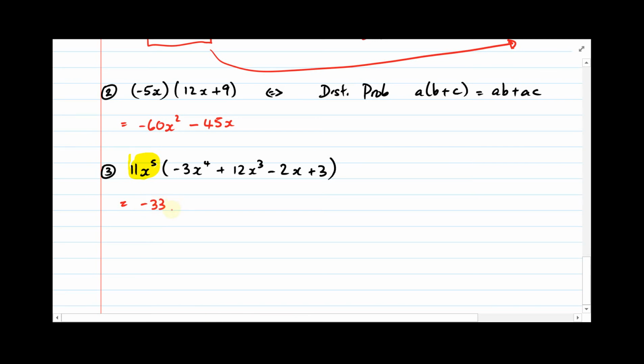Watch the signs. The coefficient, positive times negative, is negative. x to the 5 plus 4 is 9. 132 x to the 8th, and -22x to the 6th plus 33x to the 5th. All right, so that's rather simple.